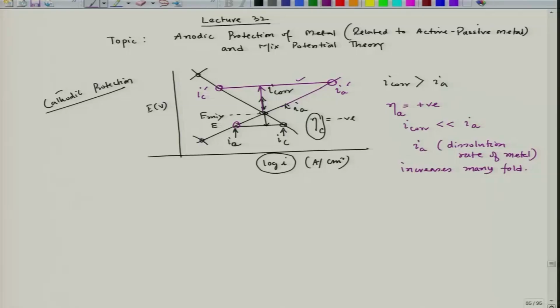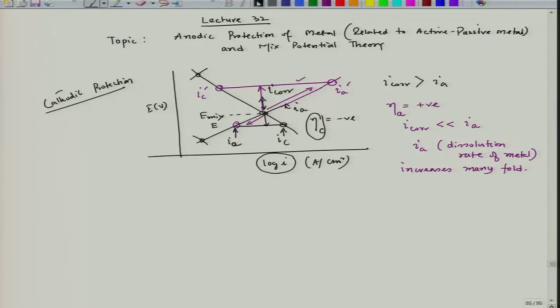So, I could see the corrosion rate can reduce from this to this, but if I go to the positive side, corrosion rate increases from this to this. So, if we follow anodic polarization in case of active metal, I will never be able to protect the metal, rather I would always increase the corrosion rate.